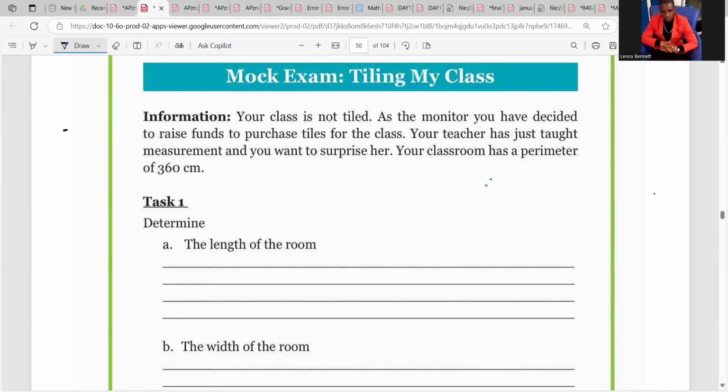Okay, sir, for A, it says the length of the room, and then B, the width of the room. So you know that the shape that has length and width is a rectangle.